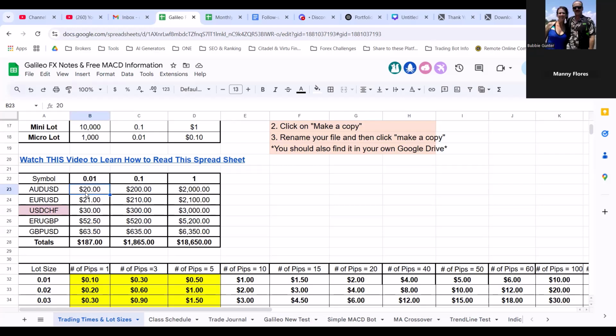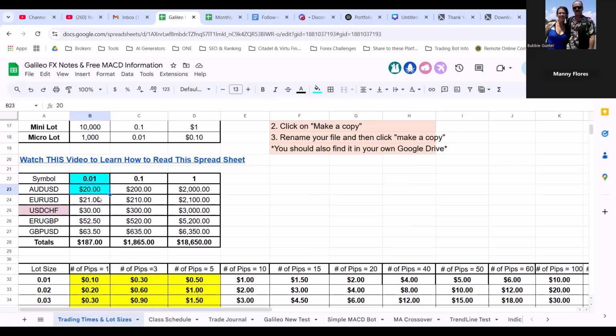So what I did was I went over to MetaTrader 5 and bought 0.01 AUD USD because I wanted to know how much it cost. When I purchased 0.01, it took $20 out of my account to pay for the contract.